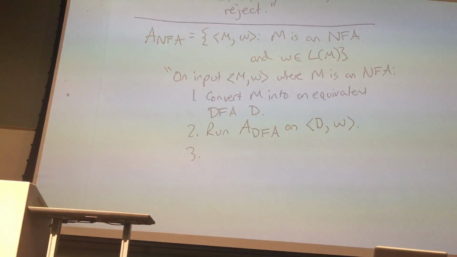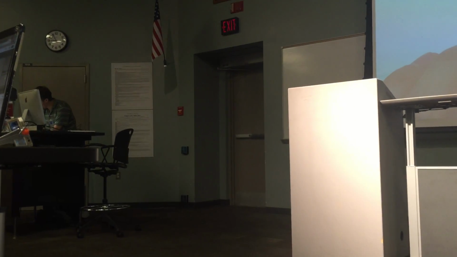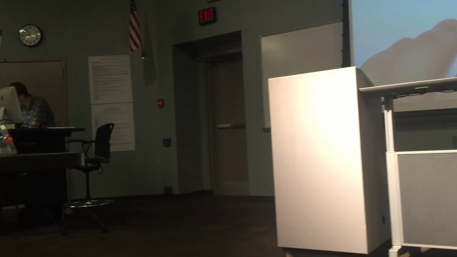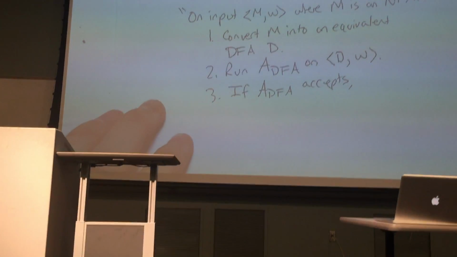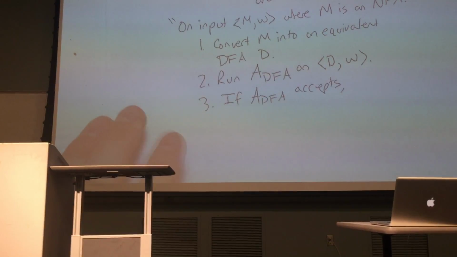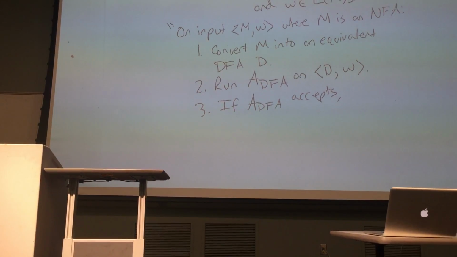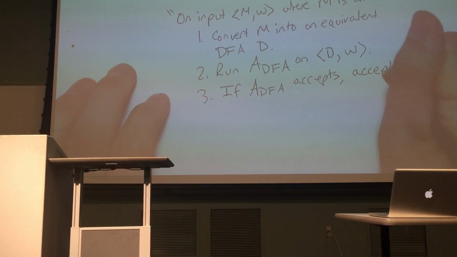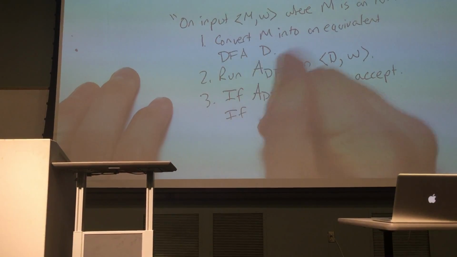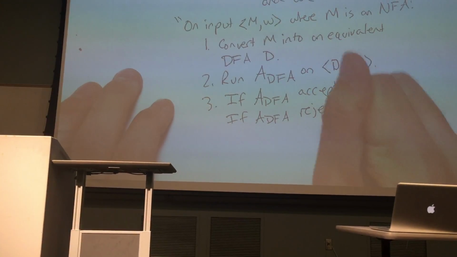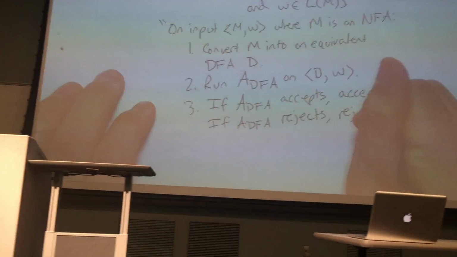So I know it will accept or reject in a finite amount of time. So if A sub DFA accepts, then what should I say here? Then we should accept also because I made an equivalent DFA. So I should say accept here. If A DFA rejects, reject.